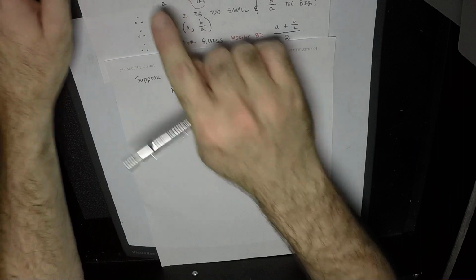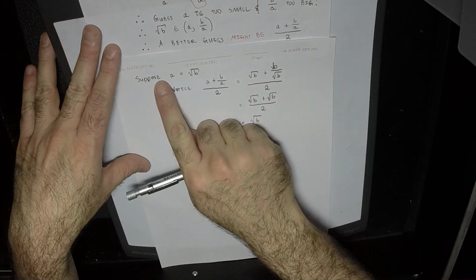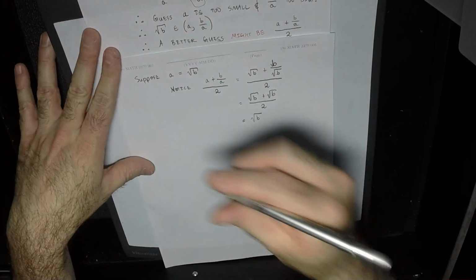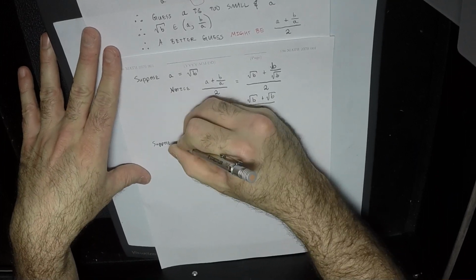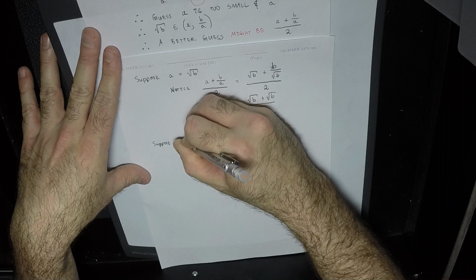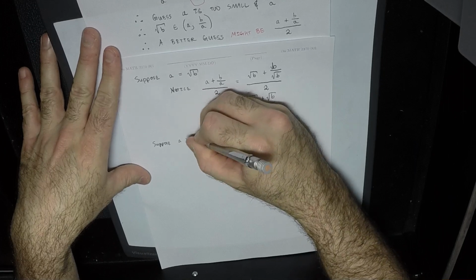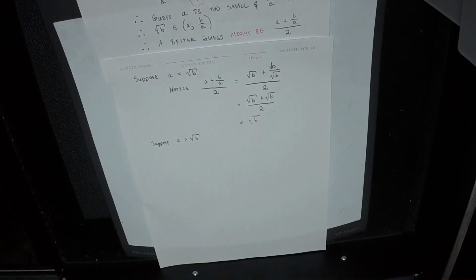What's the last possibility about our guess? Right. Suppose we have a guess, and it is too big. And again, we don't know the value of the square root of B. I'm just speculating what would occur.